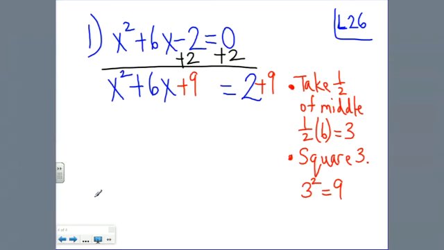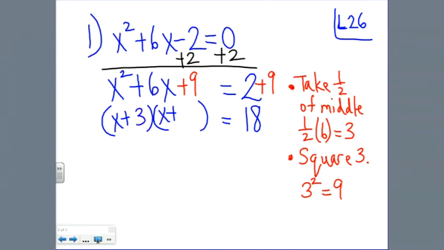The good thing about completing the square is on the left side, you are left with a perfect square trinomial that you can factor. So we'll draw 2 parentheses on the left side. And what goes in the last 2 spots is the square root of 9.